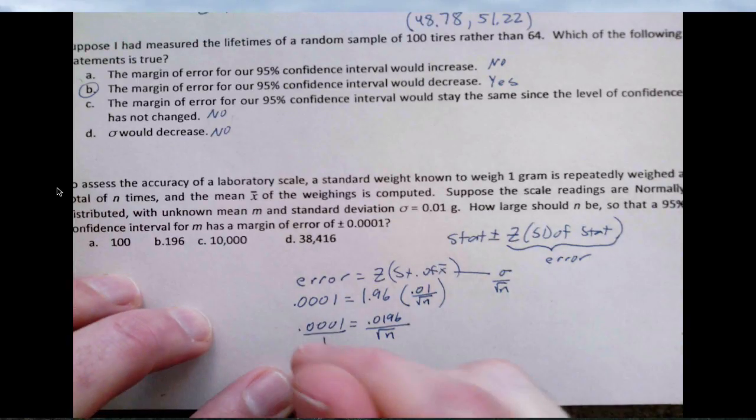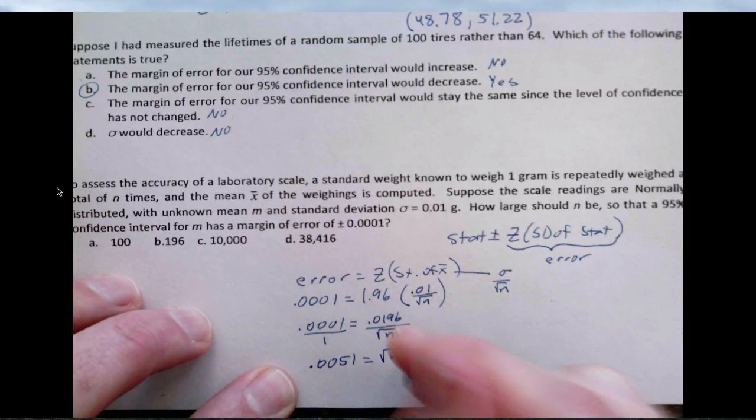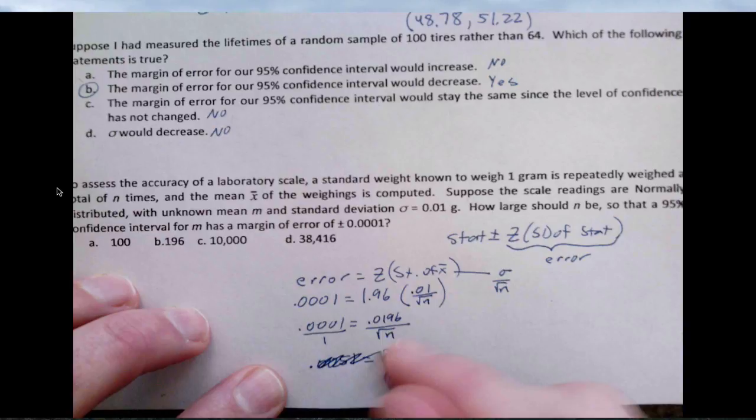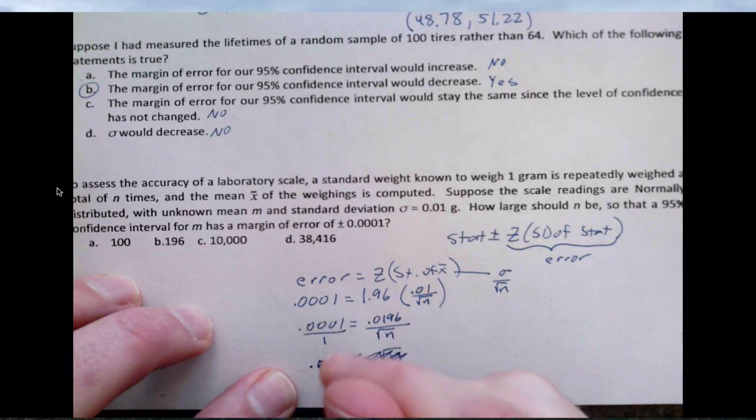So now I have 0.0051 equals the square root of n, so I square both sides. I did that backwards, my bad. Fixing it now. Okay, 0.0196 divided by 0.0001 gives me 196.